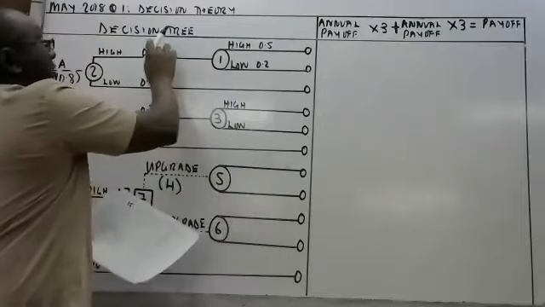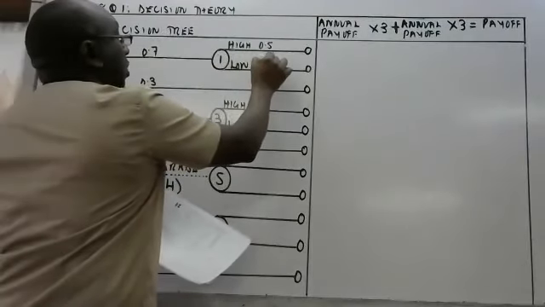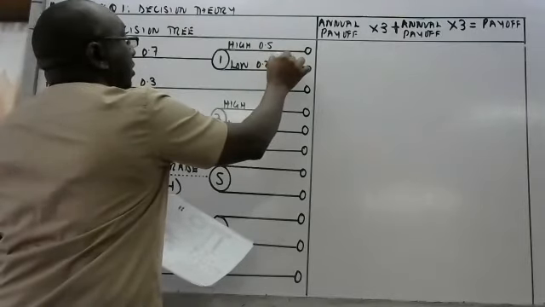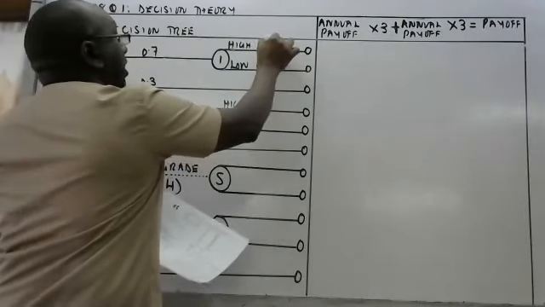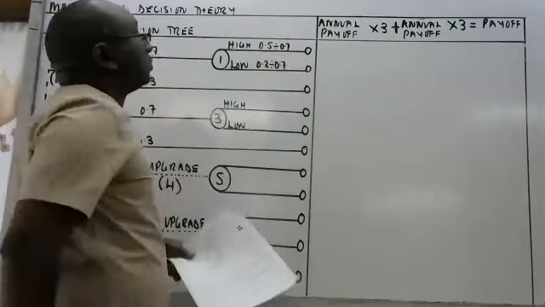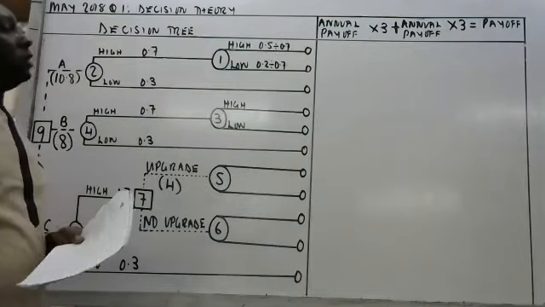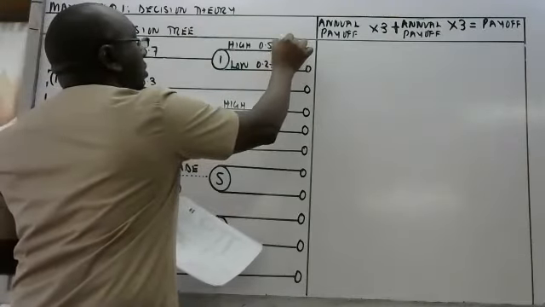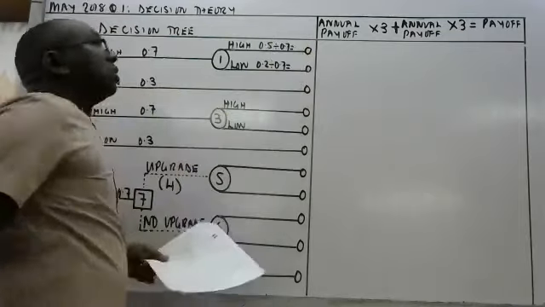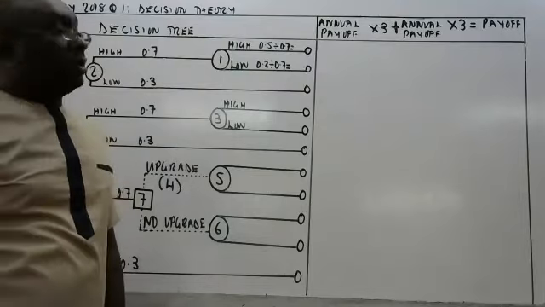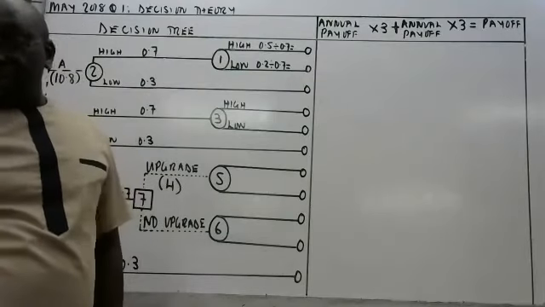You divide by this total. So you divide by 0.7. And here you also divide by 0.7. So give me the answer to 1 decimal. 0.5 divided by 0.7 to 1 decimal.